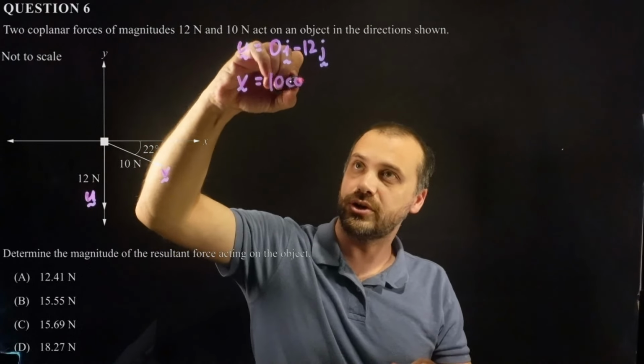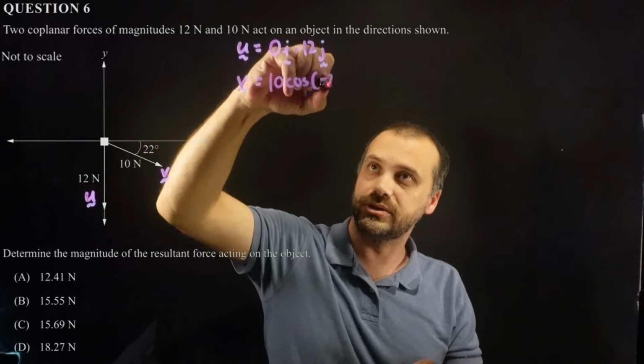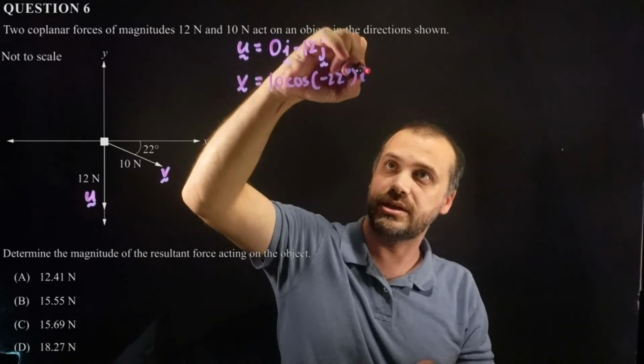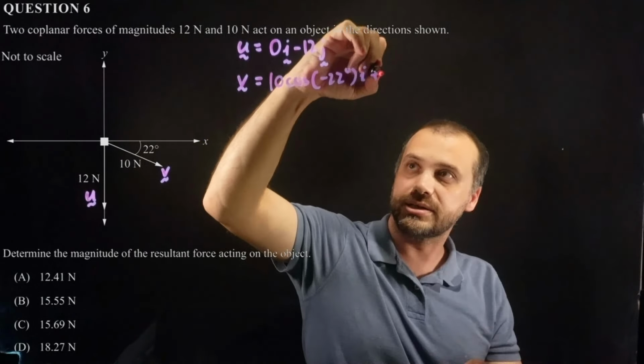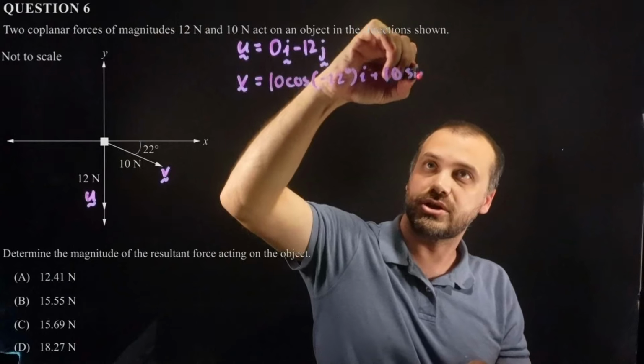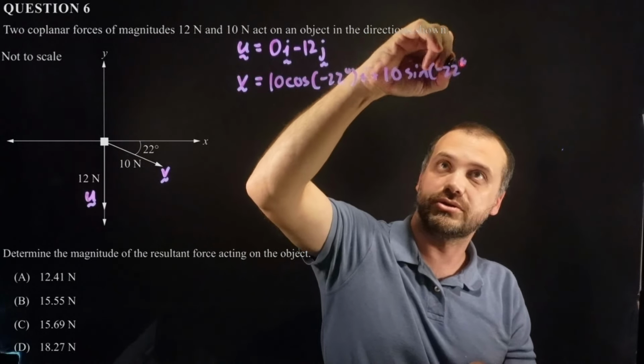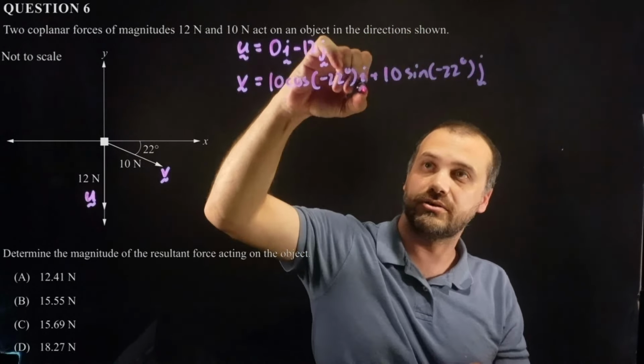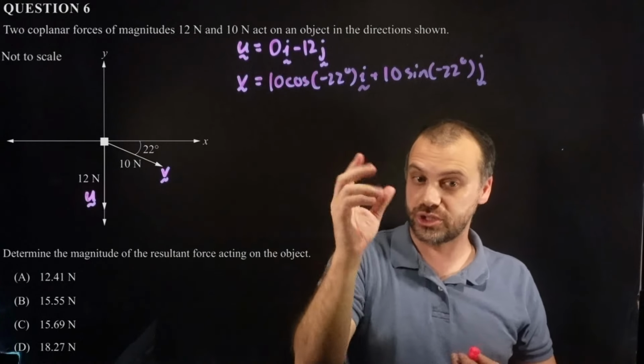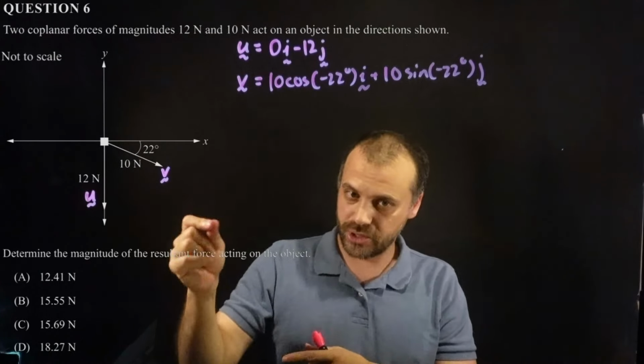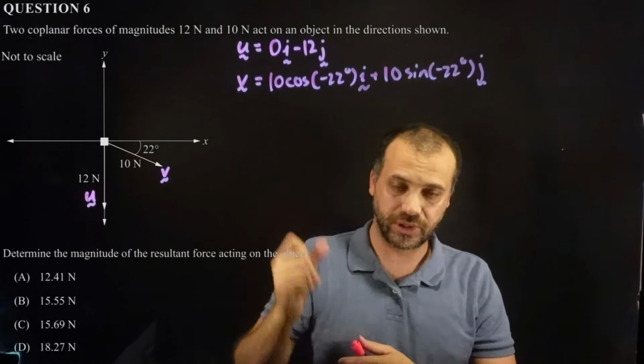So we should be able to convert that really fast. 10 cos the angle, negative 22 degrees, in the i direction, plus 10 sine negative 22 degrees in the j direction. So this is a formula you should just know how to convert from polar form to component form like that.